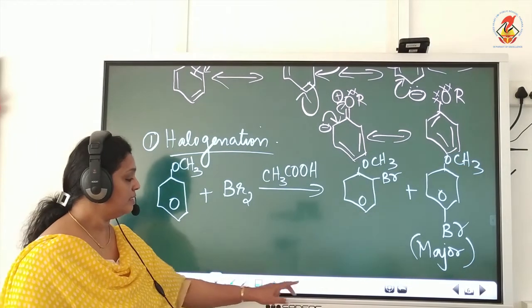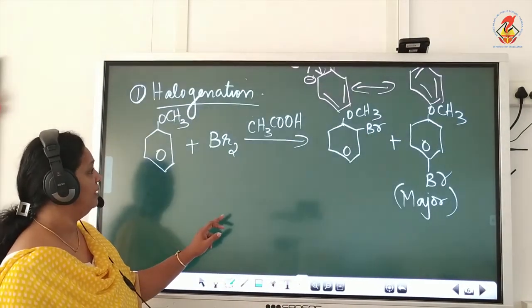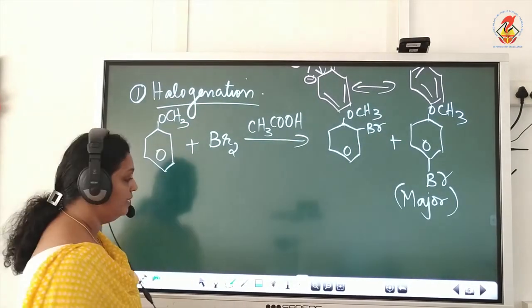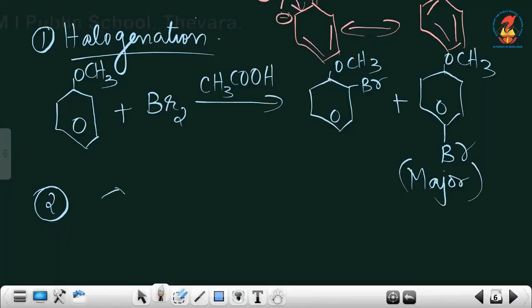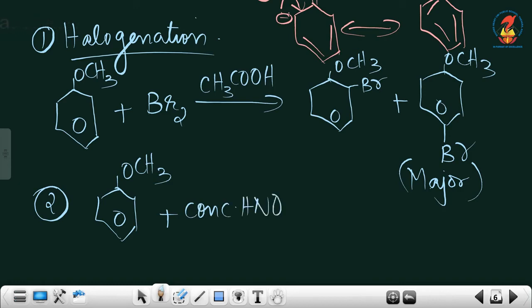Now the next electrophilic substitution reaction is nitration. So in nitration, again I'm going to write the example with anisole. We take concentrated HNO3 plus concentrated H2SO4.